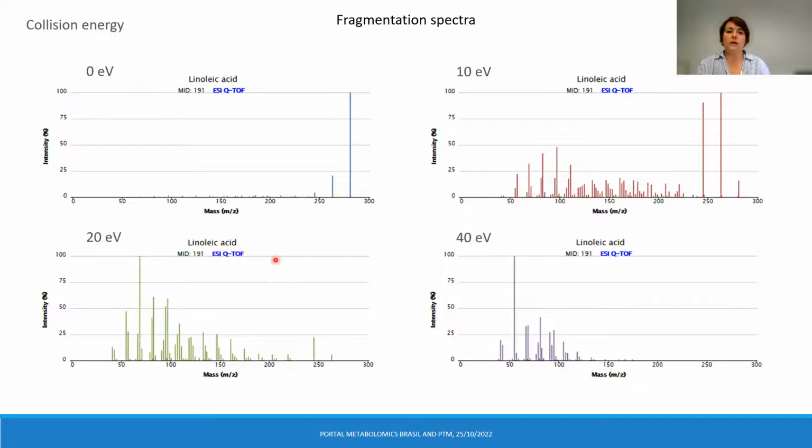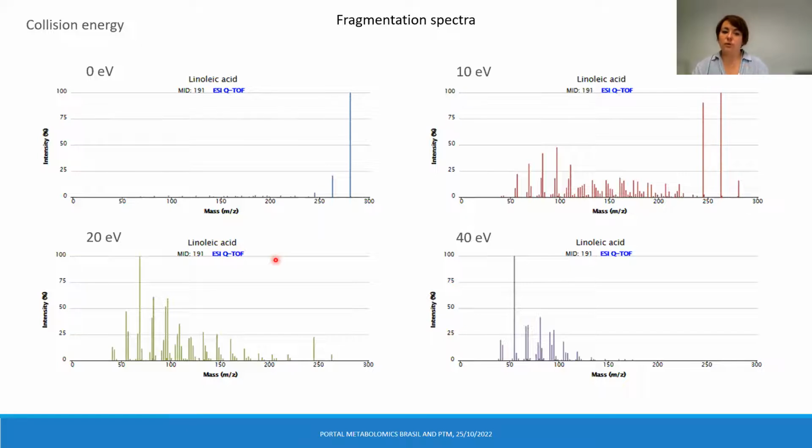But at this time, I would also like to mention that, moving on from in-source fragmentation to metabolite or lipid fragmentation, it is highly important to consider the collision energies. As you can see here, based on the linoleic acid example, the fragmentation spectra can differ a lot between different collision energies.